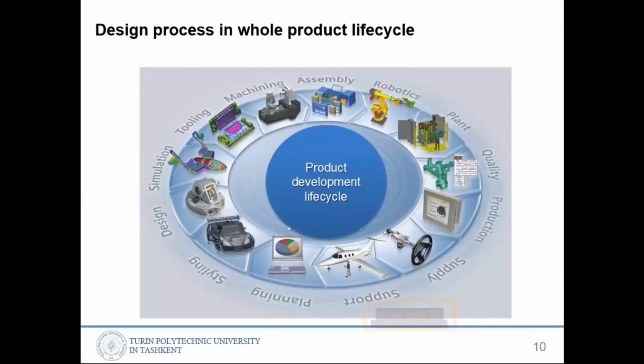So now let's see the design process in the whole product life cycle. What is the life cycle, and what is the product, why we need to study product, why we need a design, why we need a design process, why we need to understand the design process, where is the position of the design process.